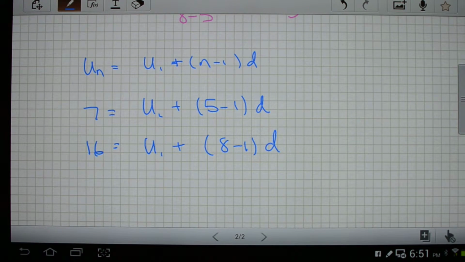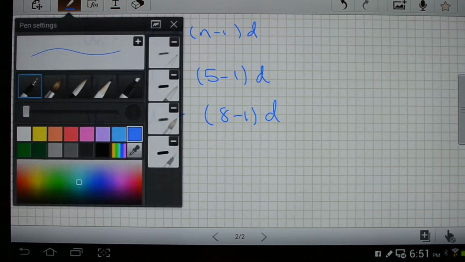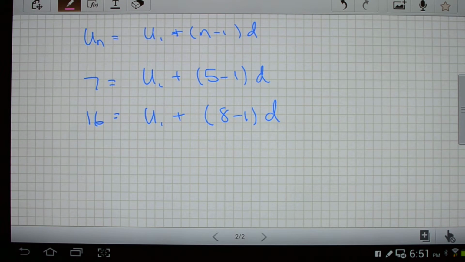When we have two unknowns, we have to use simultaneous equations. So what you end up doing is I'm going to distribute this into there and this into there.